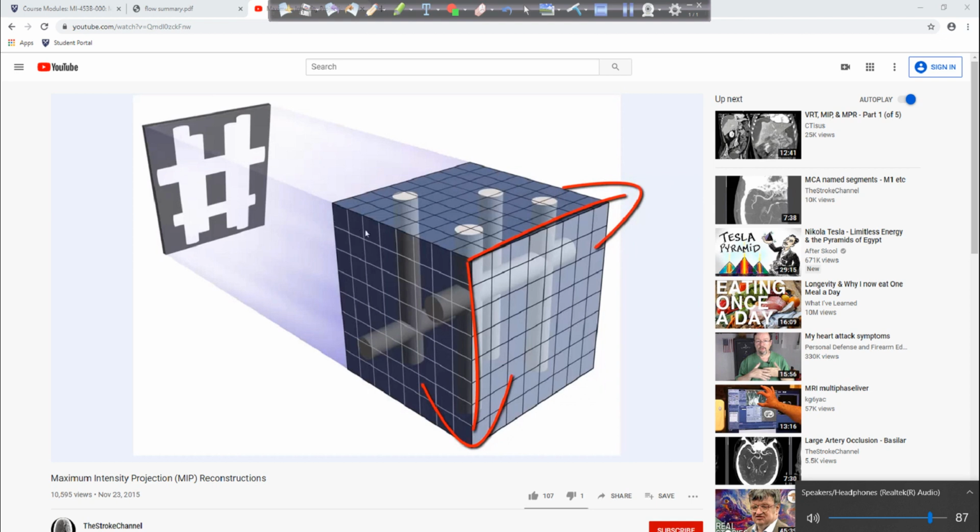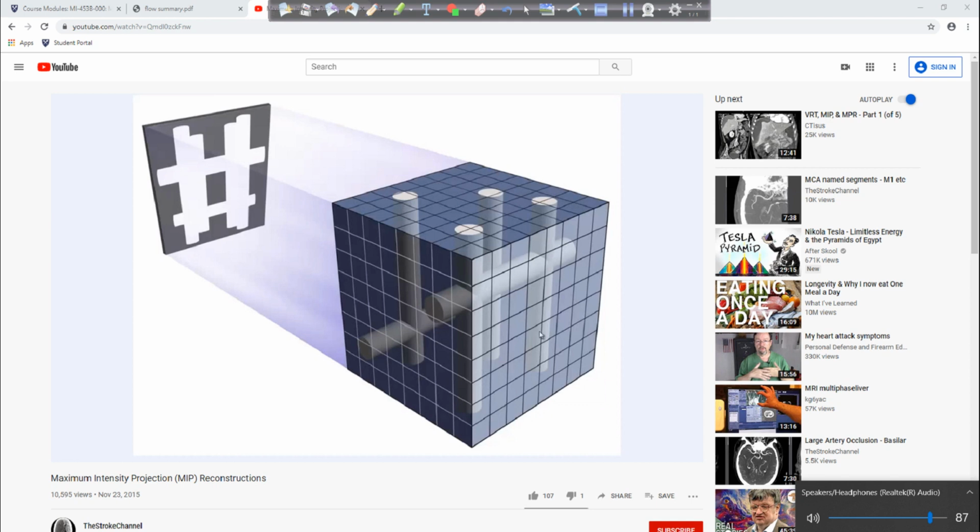As we scroll up and down in our source images, we'd be looking at different thin slabs running up and down. This is our z-axis, as we scroll from the top of the head to the bottom of the head. Inside of this stylized cube of brain, we have blue pixels, let's say that represents brain, and then we have brighter pixels representing the contrast in arteries inside of that three-dimensional space.